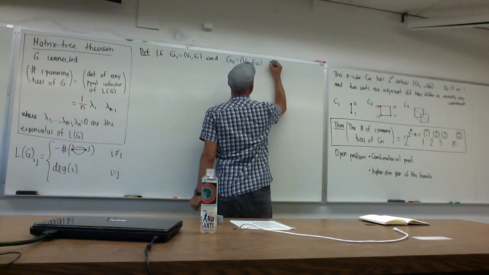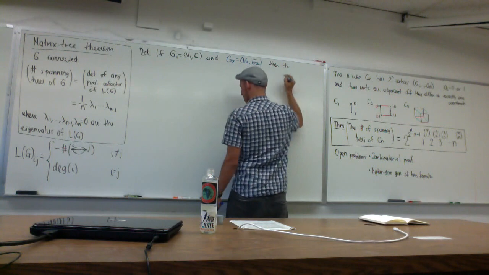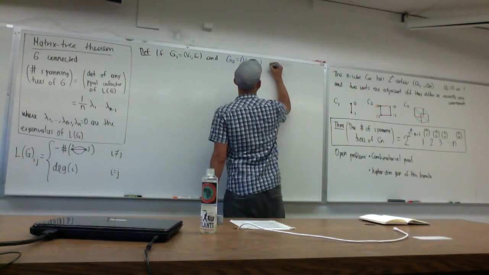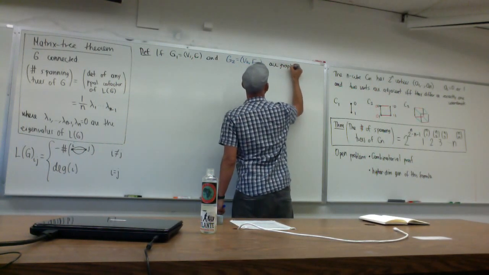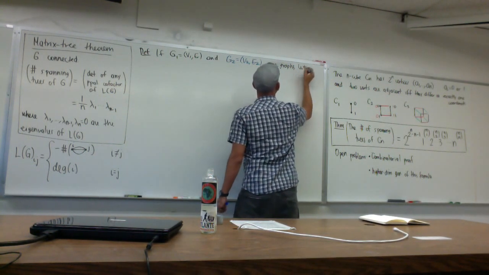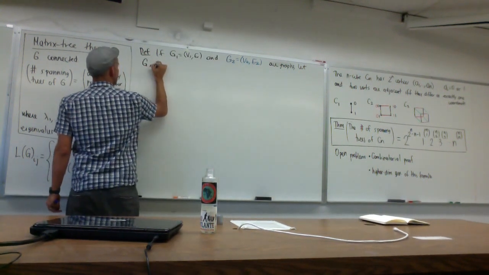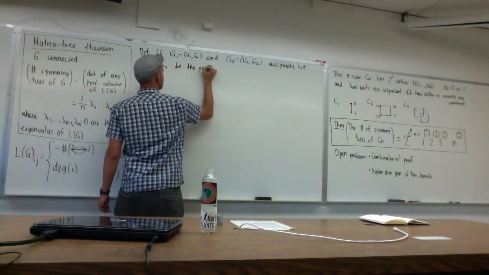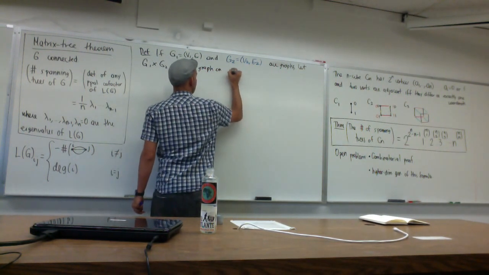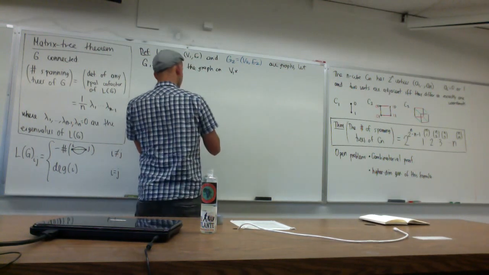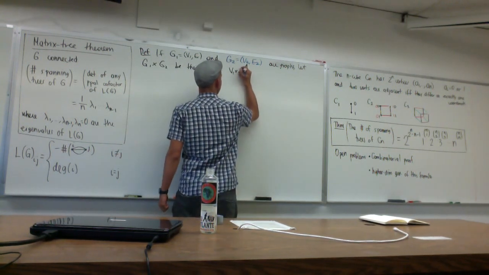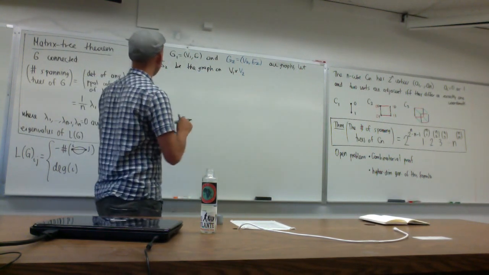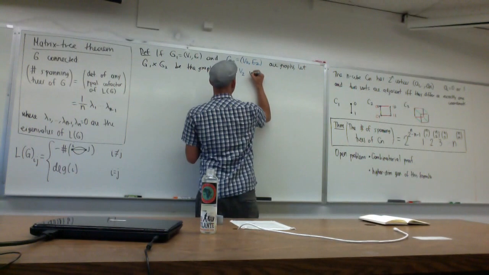And then the product graph. Okay, so these are graphs. We are going to define the product graph, which is going to be the graph on pairs of a black vertex and a blue vertex, and edges.